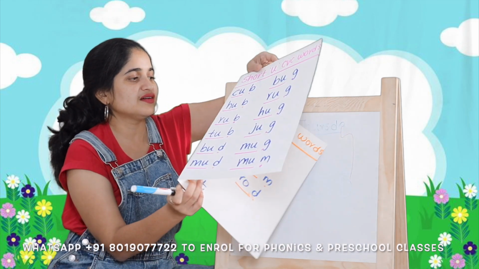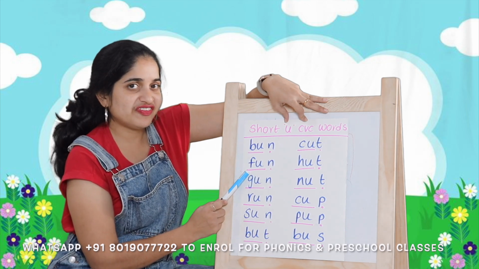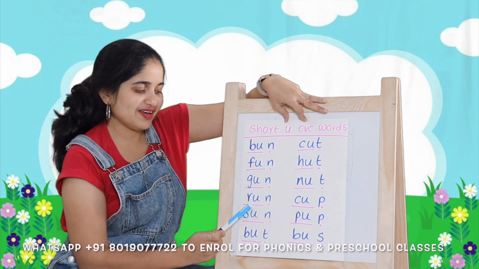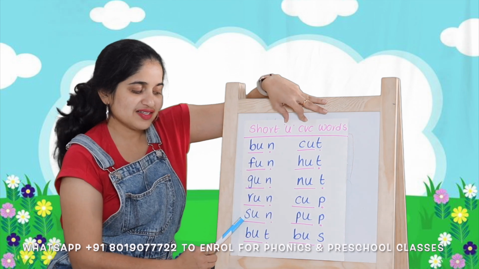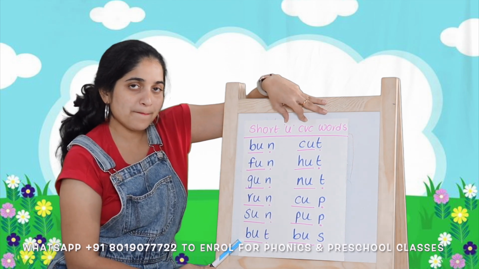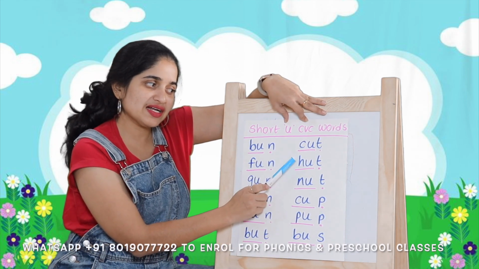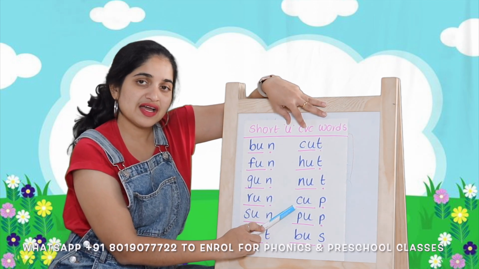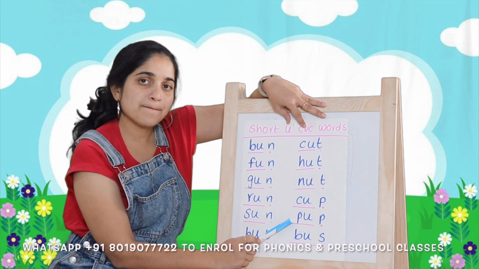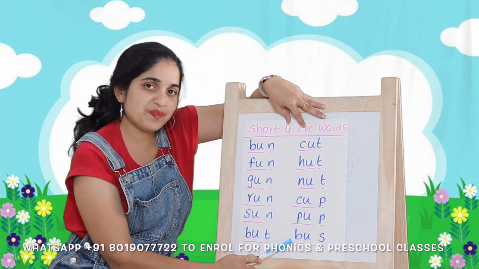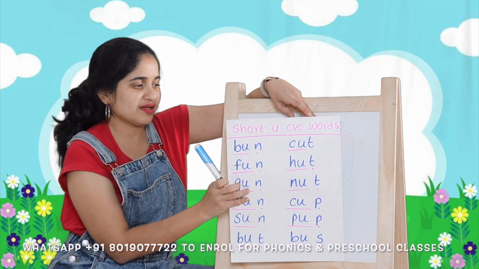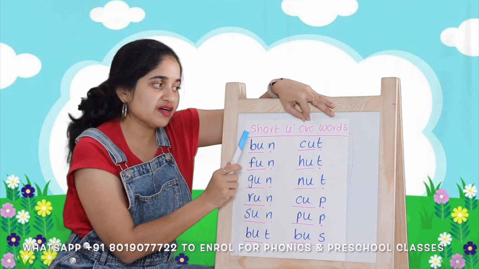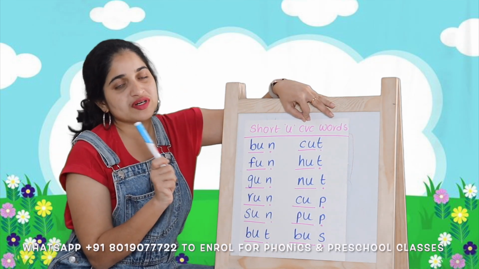Then we have bun, fun, gun, run, sun, butt, cut, hut, nut, cup, pup, bus. Okay. So make a chart of the short U three-letter words as well.